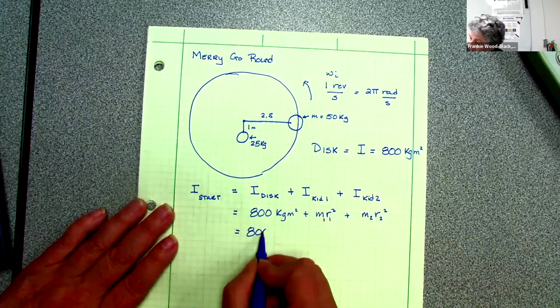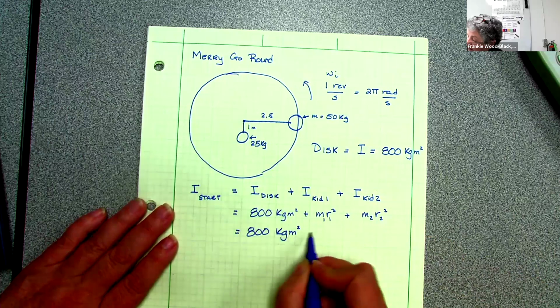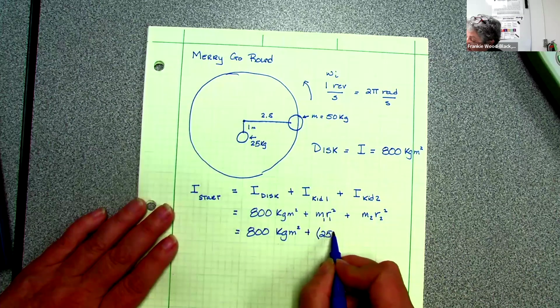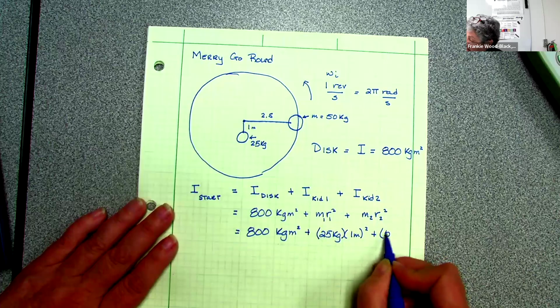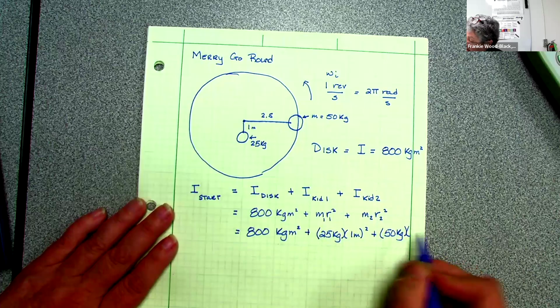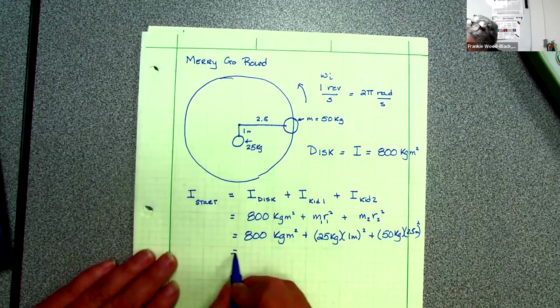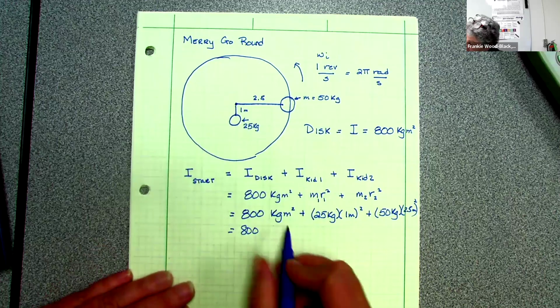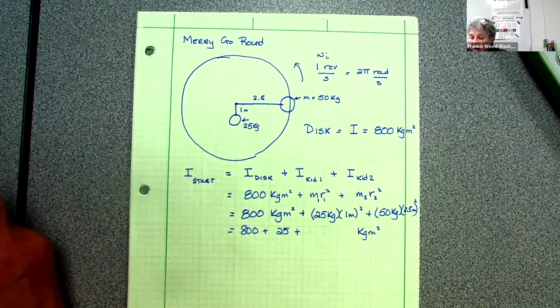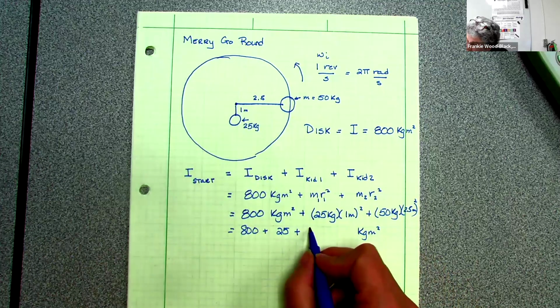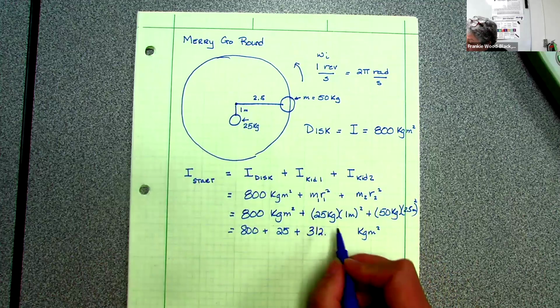So I got my 800, 25, and now I have to figure out the other one: 2.5 squared times 50 is 312.5.